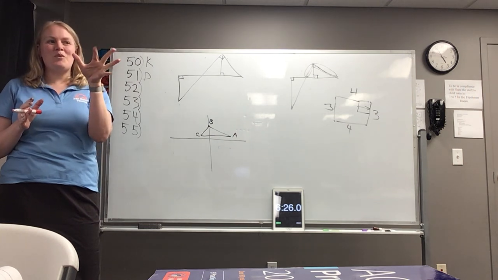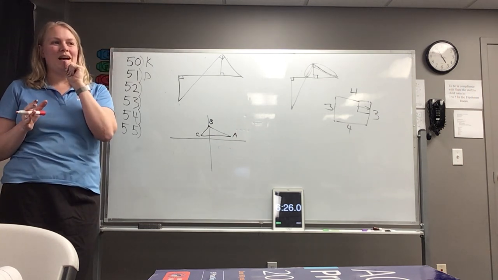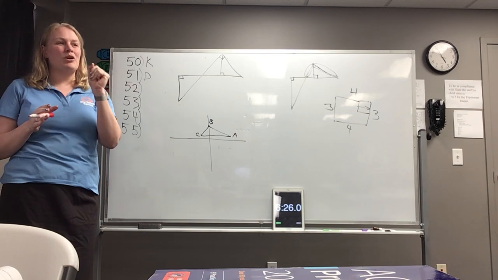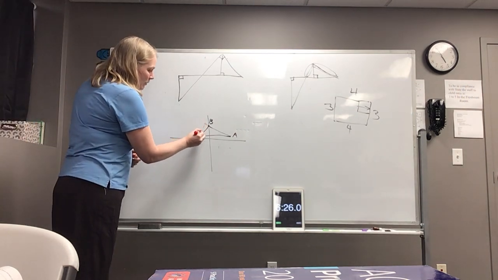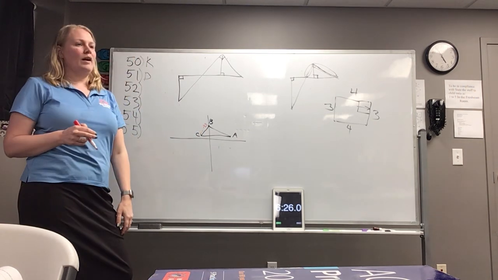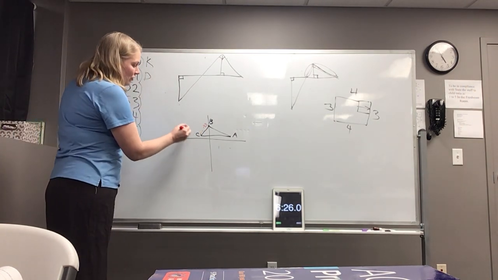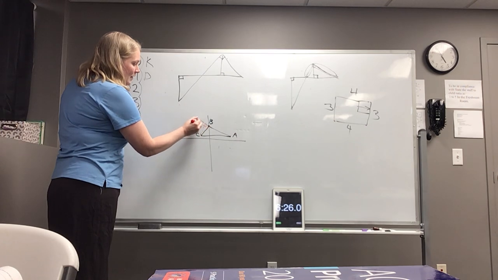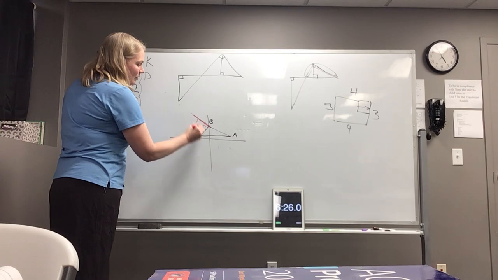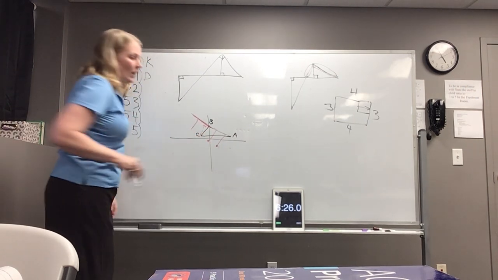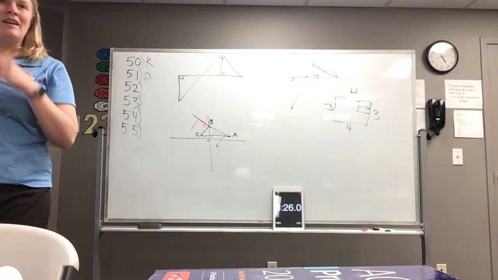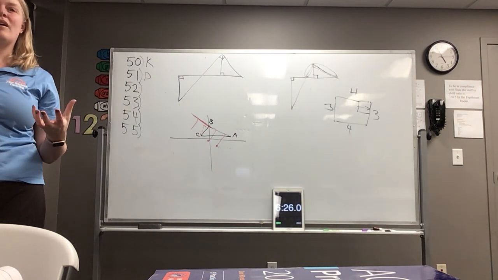Yes. Do you remember what's special about it that makes it a height? It has to be perpendicular. And so in this case, our perpendicular is going to be here-ish somewhere. If I change C, I need that distance along AB to still be the same distance. And the way we get that same distance is to be parallel.